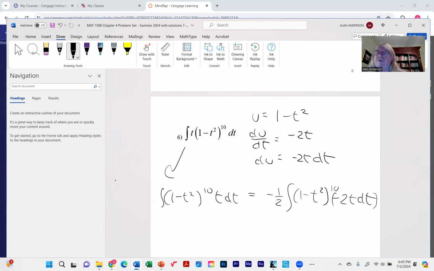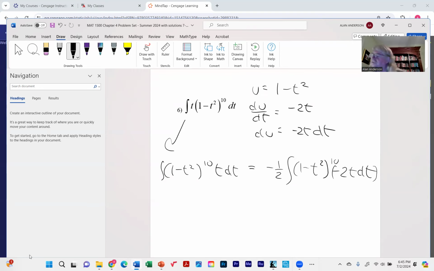I have to be careful here because that is actually the product of a negative number. We're not subtracting. So that means that based on what we've defined up at this point, we have u to the 10th du, which means, of course, we can use the power rule. And we do need the c.